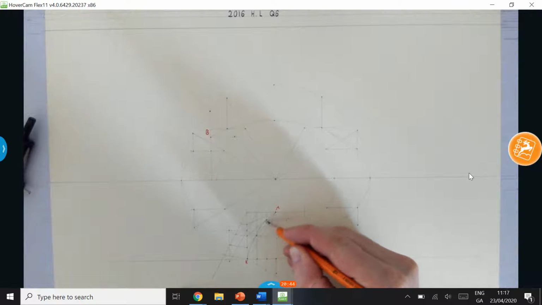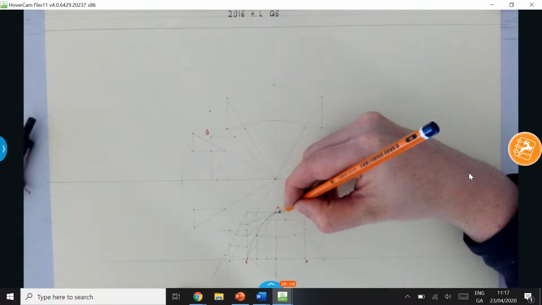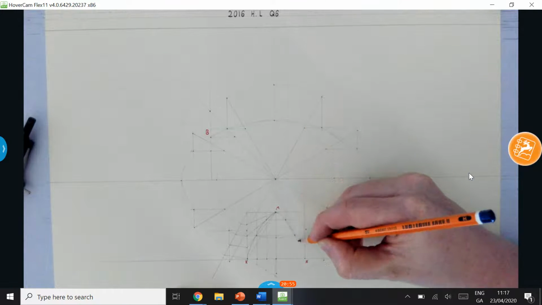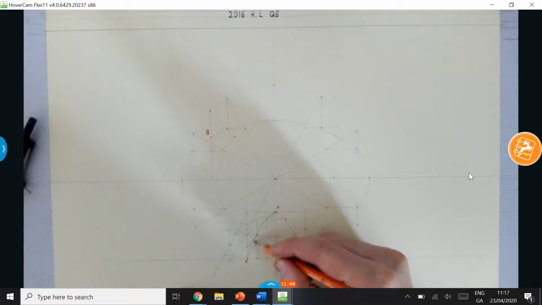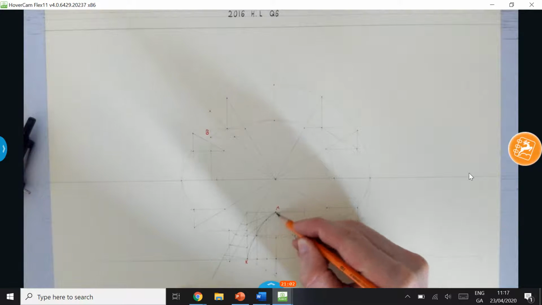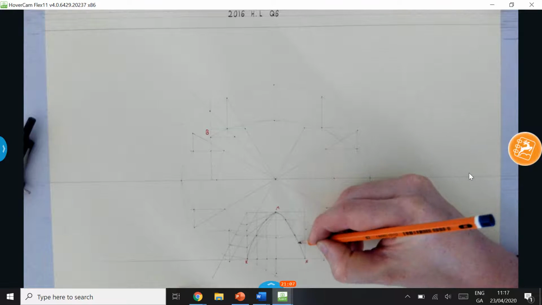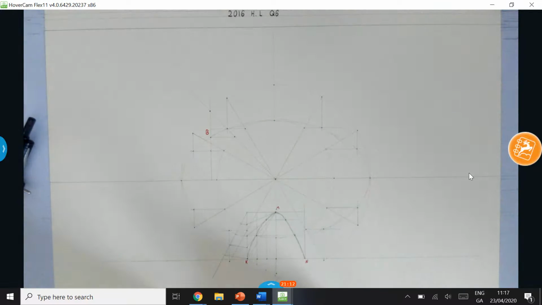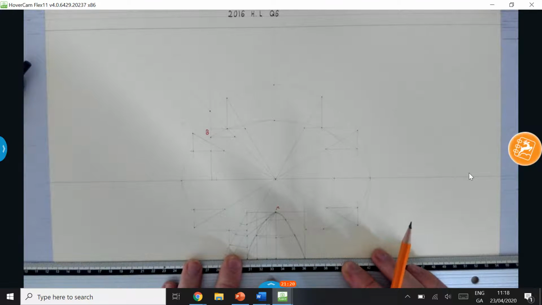Points up to draw our parabola. Okay. So from N then we can draw a firm line across 20 mil.